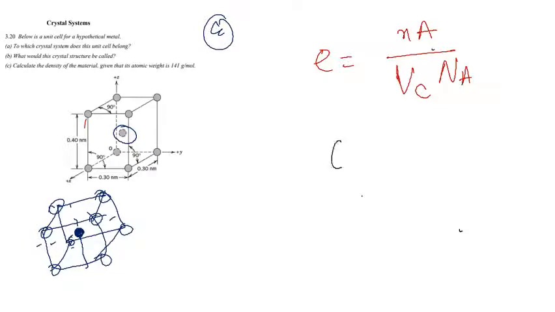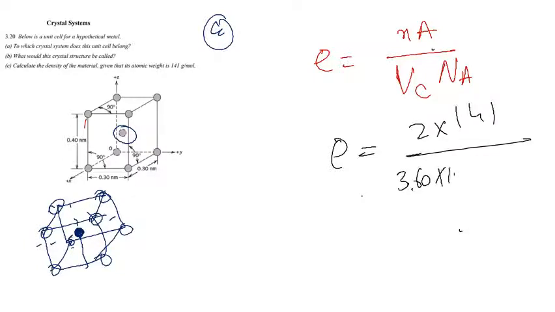Okay, so when I use this equation, it gives us that rho is equal to n times A over Vc times NA. So 2 into the atomic weight, which is 141, and Vc we calculated as 3.60 into 10 raised to power minus 23, and the Avogadro number is 6.023 into 10 raised to power 23 atoms per mole, right?